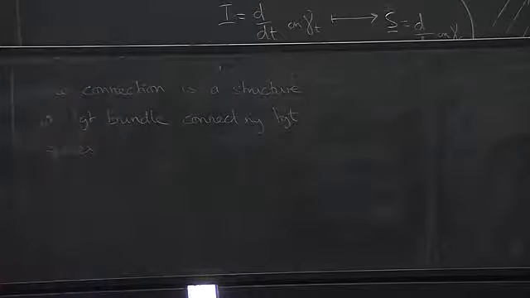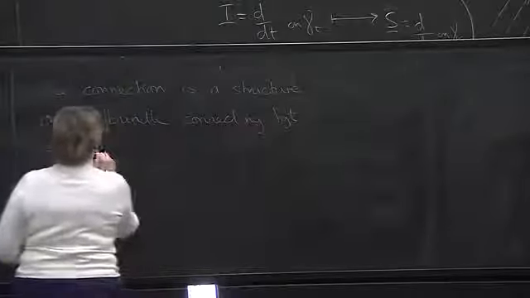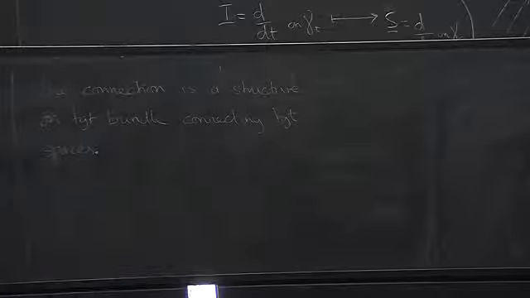It's a structure on the tangent bundle which links together tangent spaces at nearby points. It's a way of saying, if I have a basis at one point, this is how it maps into a basis at a nearby point. So this is the way in which we're going to introduce the connection.